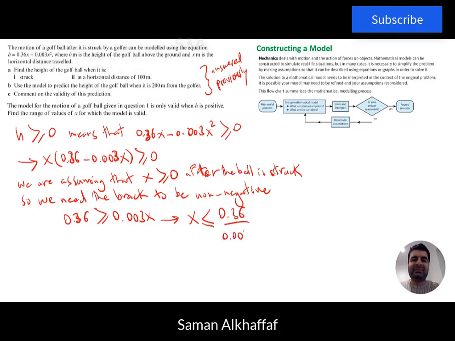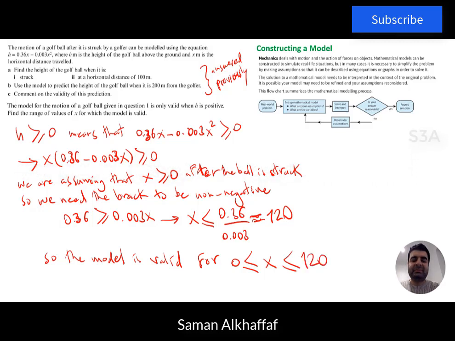So that will give us the value being equal to 120, and that will tell us the model is valid for 0 being smaller than or equal to x, and also x being smaller than or equal to 120. So this will be the range of x values that we find when we rearrange the expression for positive values of h, and this will be our answer for this part of the question.